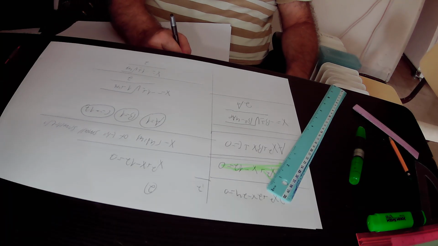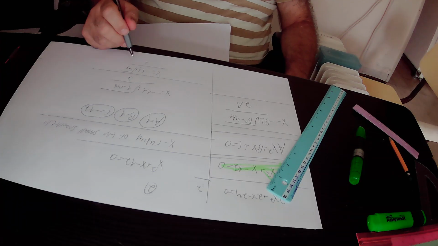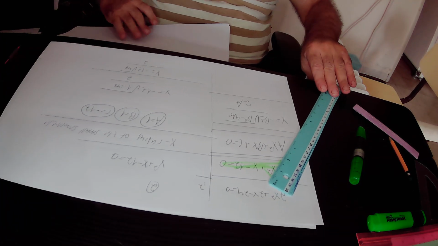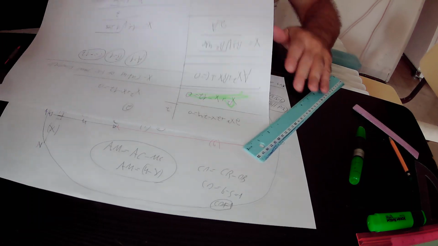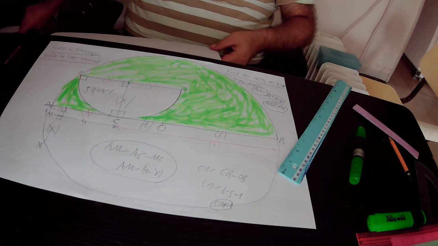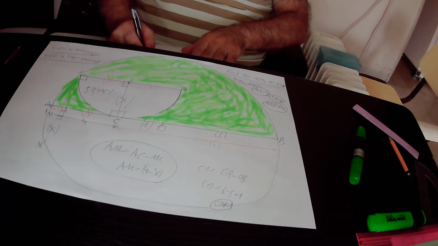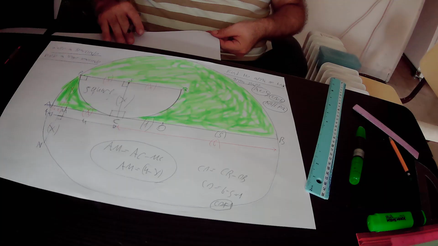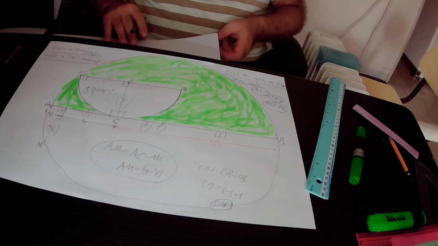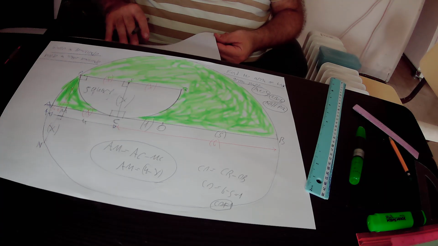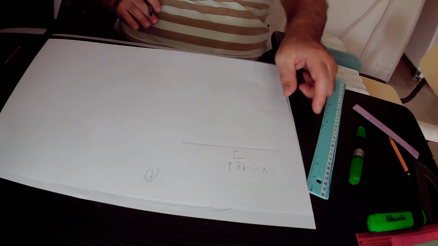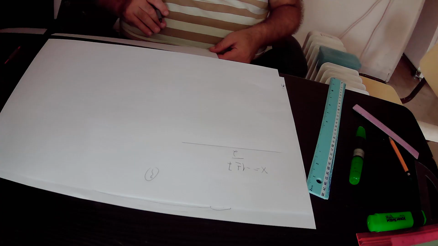So x equals minus 1 plus or minus the square root of 49, which is 7, over 2. And again in total we found out that x equals minus 1 plus or minus 7 over 2.